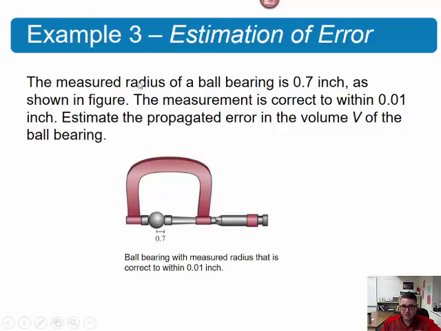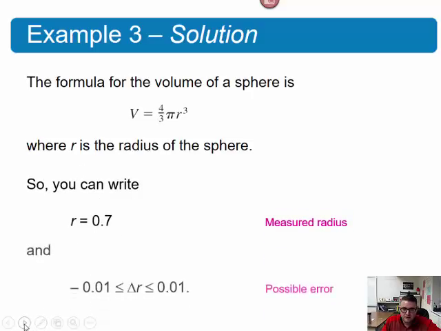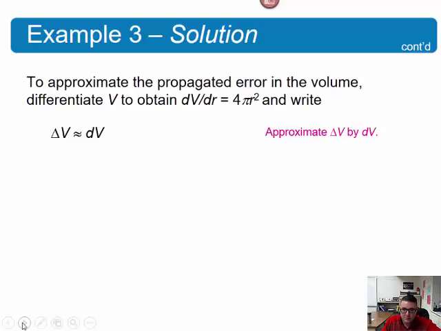Here's an example. The measured radius of a ball bearing is 0.7 inches. The measurement is correct to within 0.01, a hundredth of an inch. Estimate the propagated error in the volume. So here's the volume. We tell you the radius is 0.07. We tell you that the propagated error is within 0.01, so it's between negative 0.01 and 0.01.